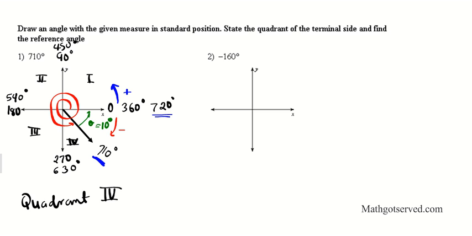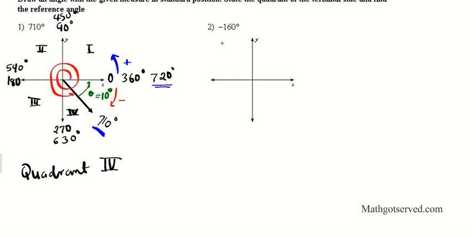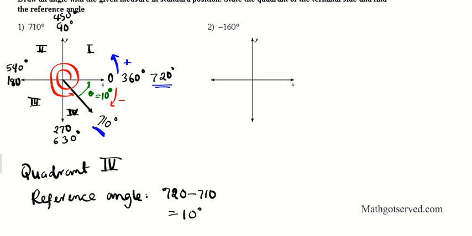Remember, your reference angle is the angular measure to the closest x-axis. I got it by doing 720 minus 710, and the answer is 10 degrees. Also note that your reference angle is always positive.